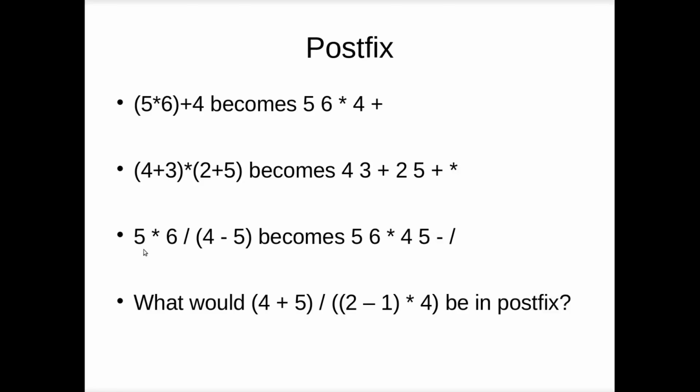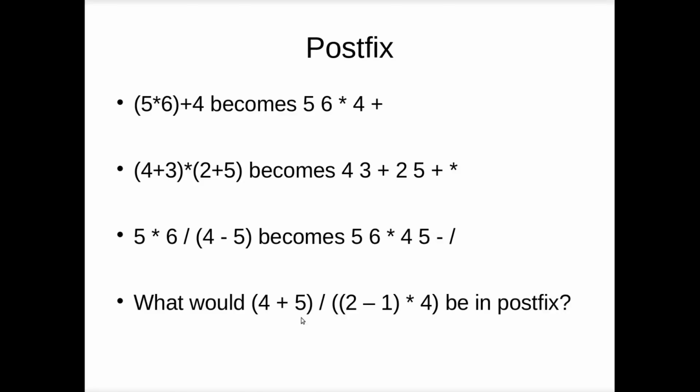And again, 5 times 6 divided by parenthetical 4 minus 5: you'd push 5, 6 on the stack, pop 5, 6 from the stack, multiply them together, push the 30 back in the stack. Then 4 minus 5, you have negative 1, and divide this, and it should be negative 30.